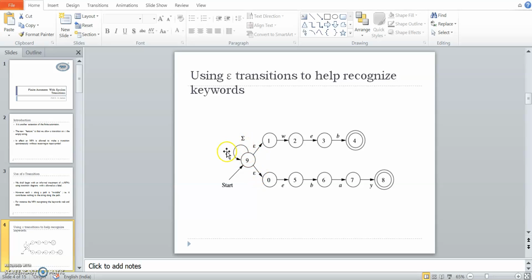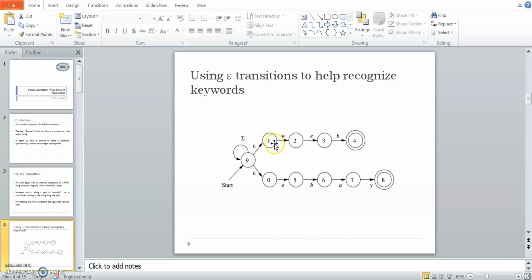Right, the alphabet set may be anything: binary 0, 1, or the alphabet A, B, likewise anything. Over the empty string, I may switch from one state to another state.